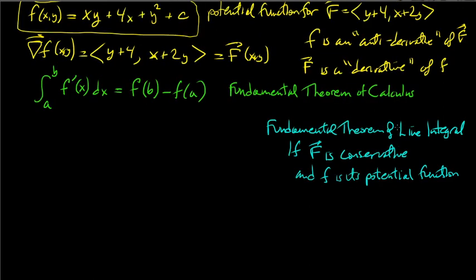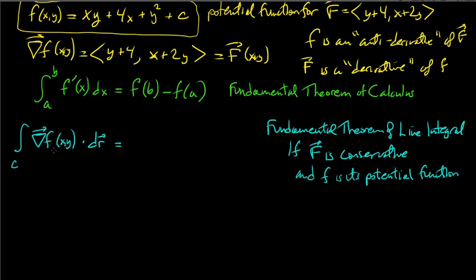So if we want to evaluate, let's say over some curve, the vector field, and if the vector field happens to be the gradient of some potential function, maybe I will write it in terms of x and y for now, but it could be in terms of x, y, and z, I suppose. Remember, this is the dot product with dr.